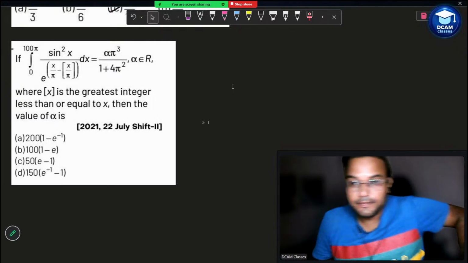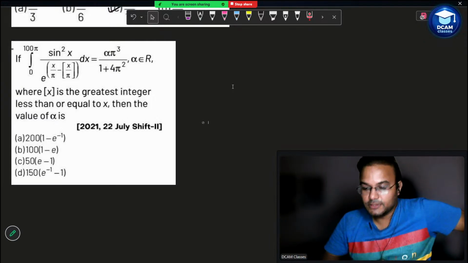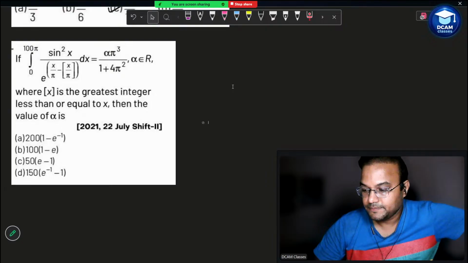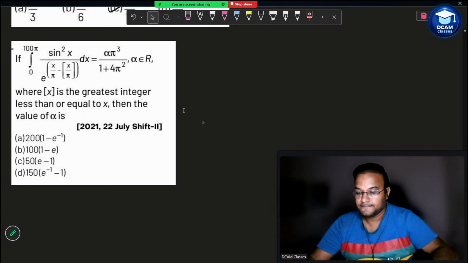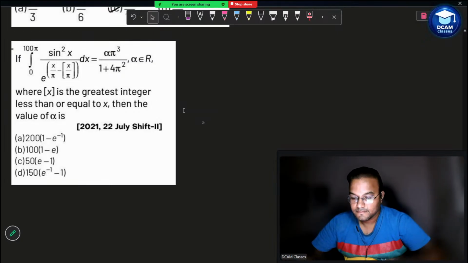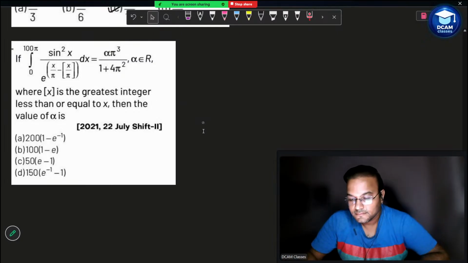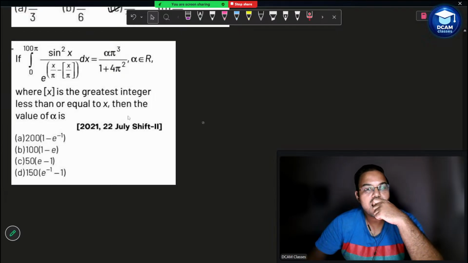At the same time, could you solve it? Acha, this one is tough. Yes, sir. How do you simplify the denominator? The denominator is the greatest integer function.